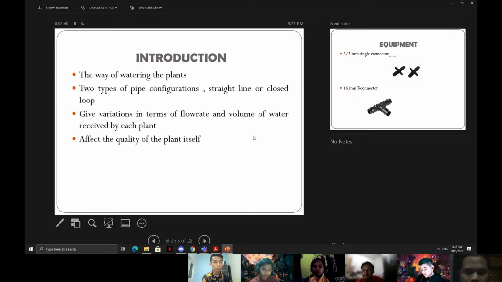The amount of water spread out to each plant is different, and it also affects the quality of the plant itself, because of the amount of water spread out by the hose pipe in straight line or closed loop.